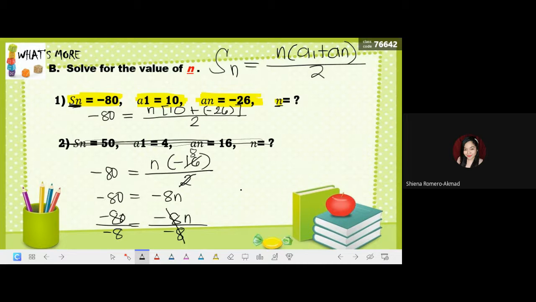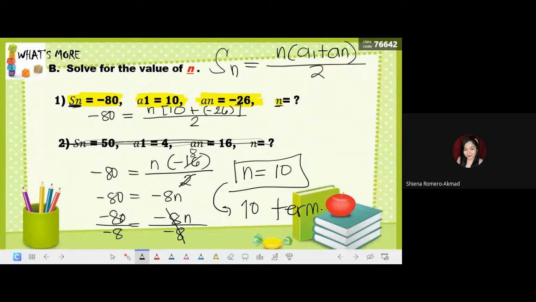Okay? N is equal to negative 80 divided by negative 8. That's positive 10. So, ibig sabihin, nung nag-add tayo or nung nag-add siya ng terms, there are 10 terms added.